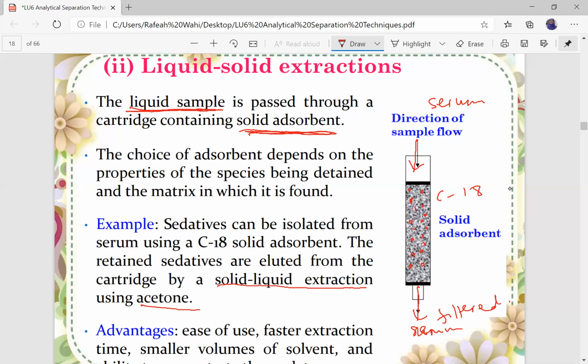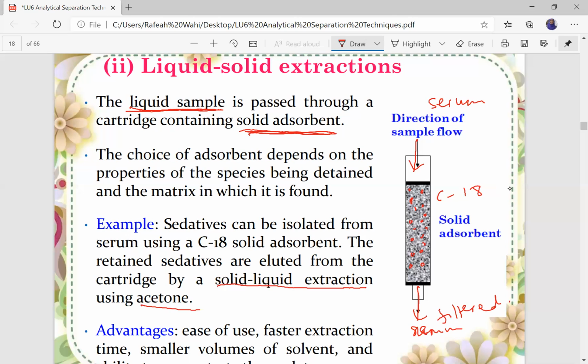Okay, you have to wash it using acetone, and the sedatives will be carried out by the acetone. And then when you evaporate the acetone, you will get your sedatives as the analyte.